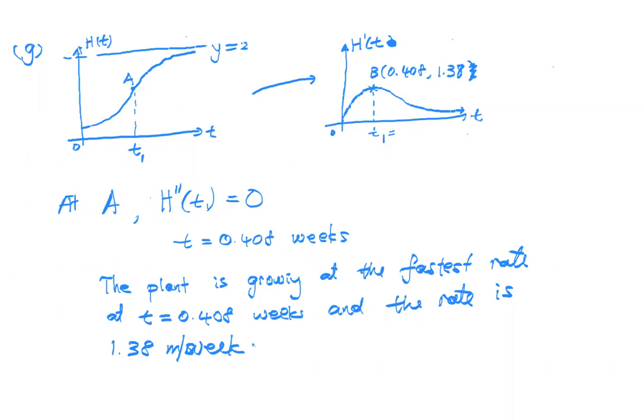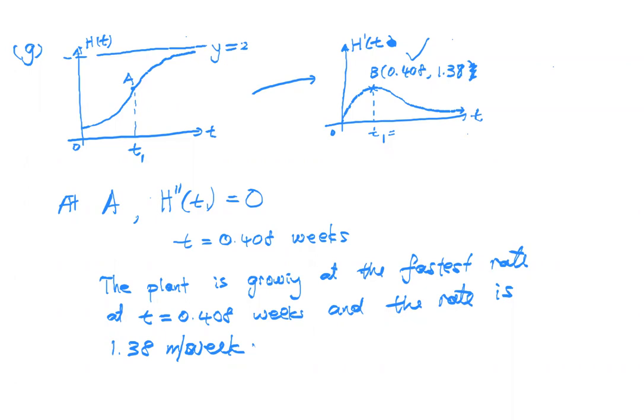This is H(t). I'm talking about H prime t. I get this value from here. No, I'm talking about H. I'm talking about the height. So how can I go to the rate of change graph? Am I right?